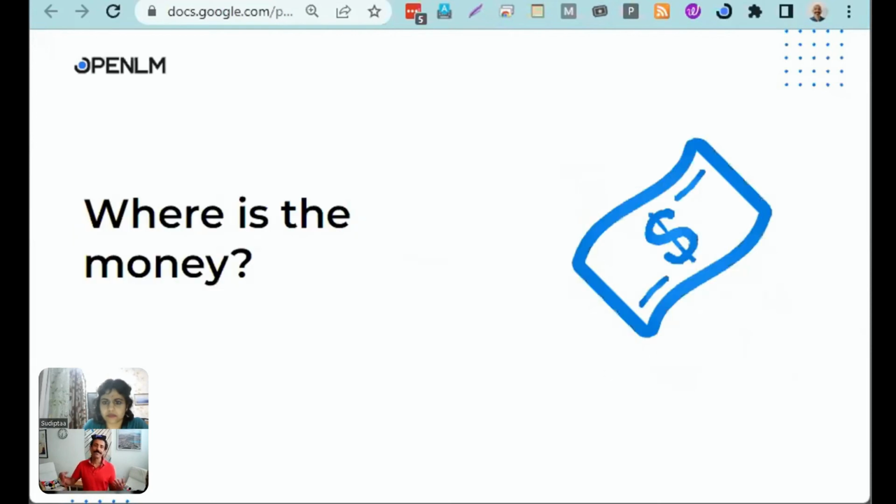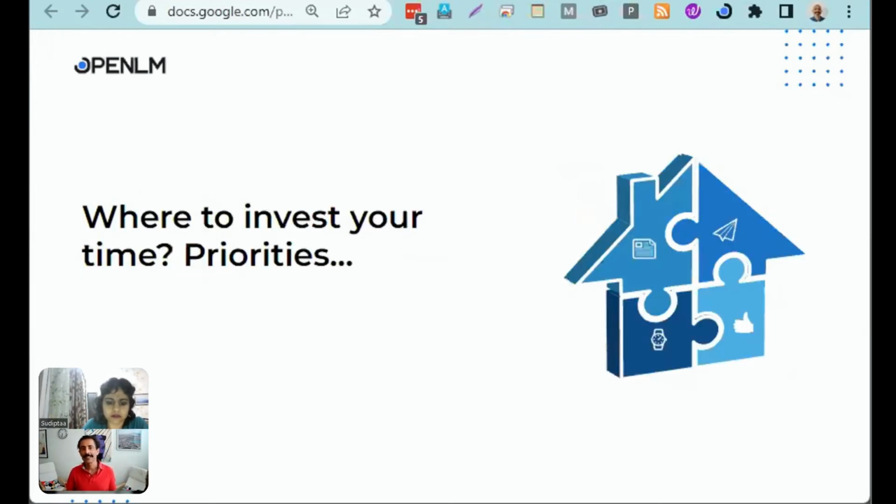Let's move forward and talk about where is the money. Where are we going to invest our efforts as a license manager, as people that manage the licensing for the organization? I would like to talk about common priorities that typically we see in organizations.